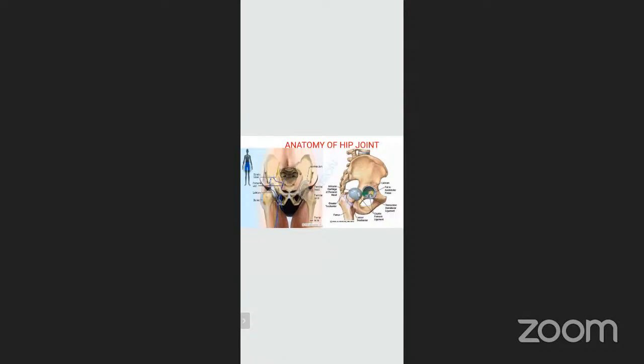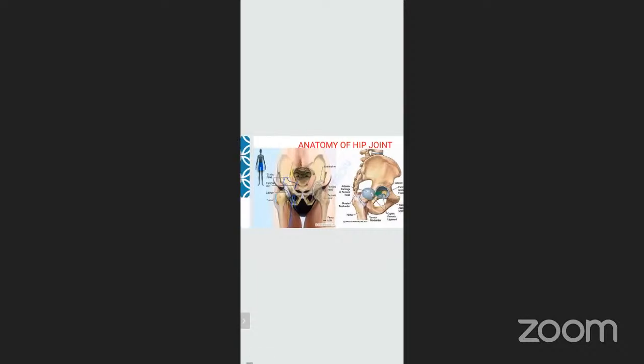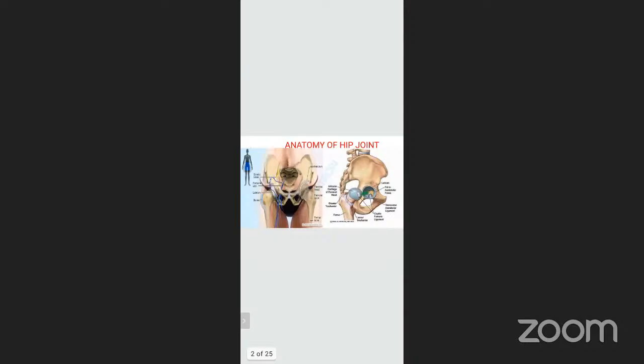This ligament is also called the Y ligament or ligament of Bigelow. It was once asked as an MCQ in your PG entrance examinations. The name Bigelow is important in hip dislocation, which I will tell you later.